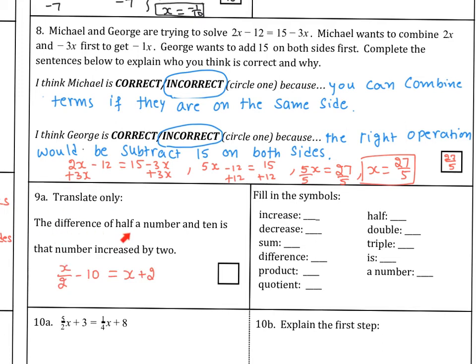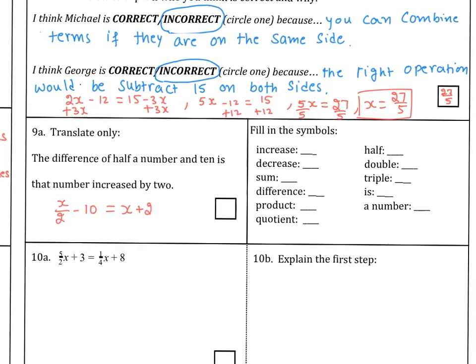The difference of half a number and 10 is that number increased by 2. So let the number be x. Difference of half a number means x divided by 2, minus 10, equals the number increased by 2. So this is your answer for number 9a.